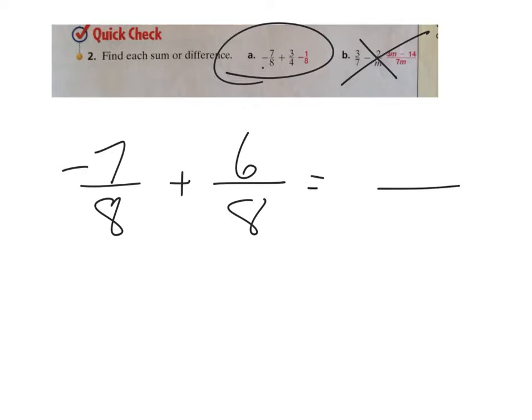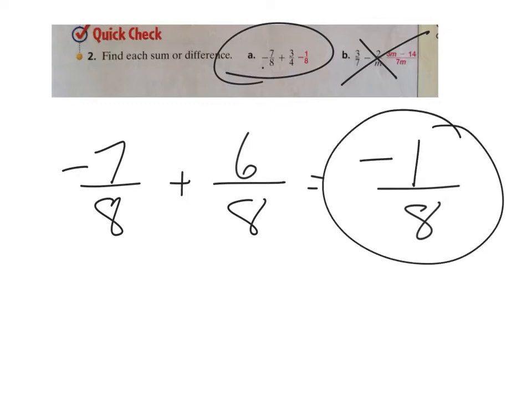So my common denominator is going to be 8. Now, our rules for addition and subtraction, negative 7 plus 6, well, they're different signs, so you're going to subtract them. The difference is 1. They're more negative, so it's negative 1/8. That can't be reduced, so you're done. Alrighty. Again, we're skipping that part B there. I just kind of threw that other one in for the fun of it.